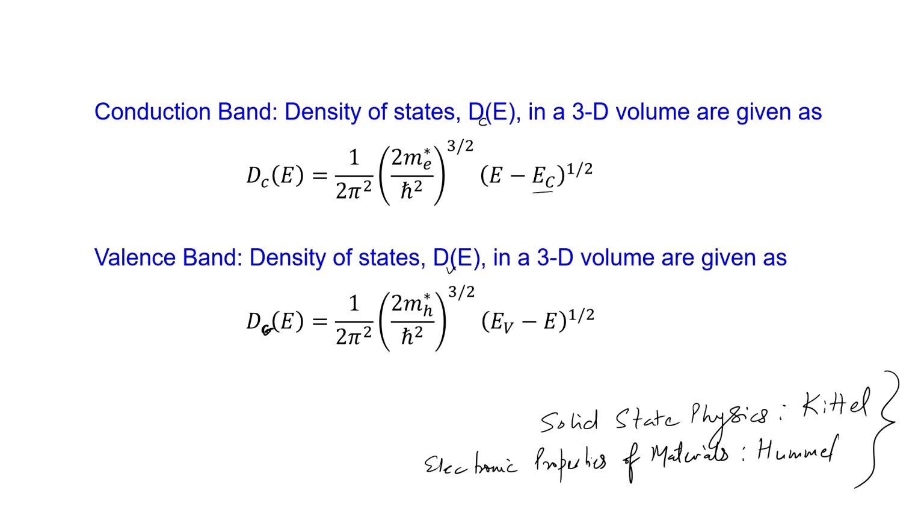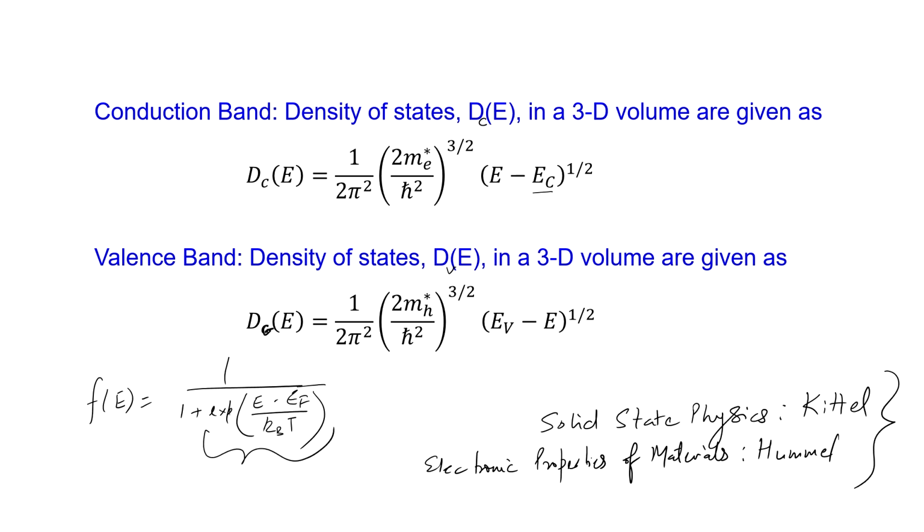Having determined dCe and dVe, you then plug these in the previous equation, and we also know the term for Fermi probability, which is 1 over 1 plus exponential of E minus EF divided by kBT. This can be simplified using the Boltzmann approximation if the Fermi level lies far away from either the valence or conduction band, so the exponential term can be taken in the numerator.